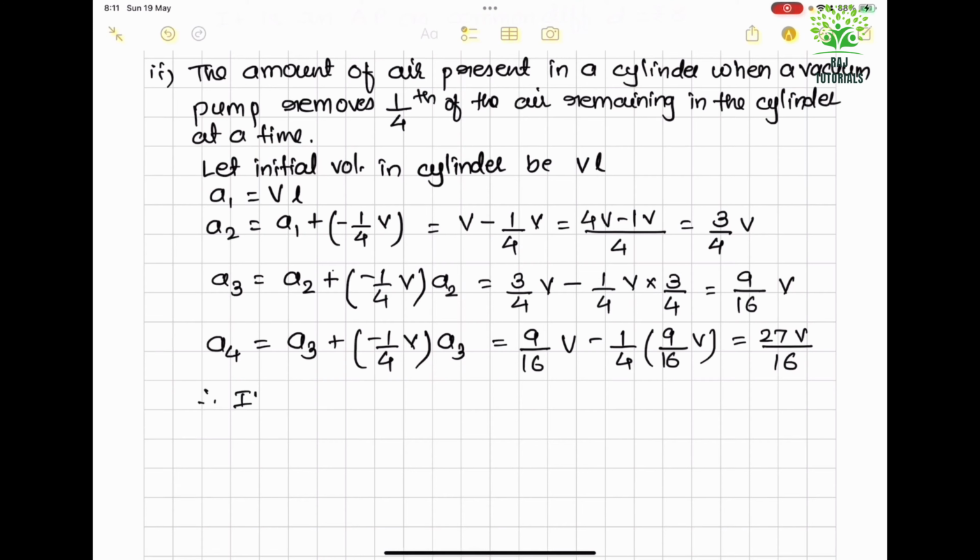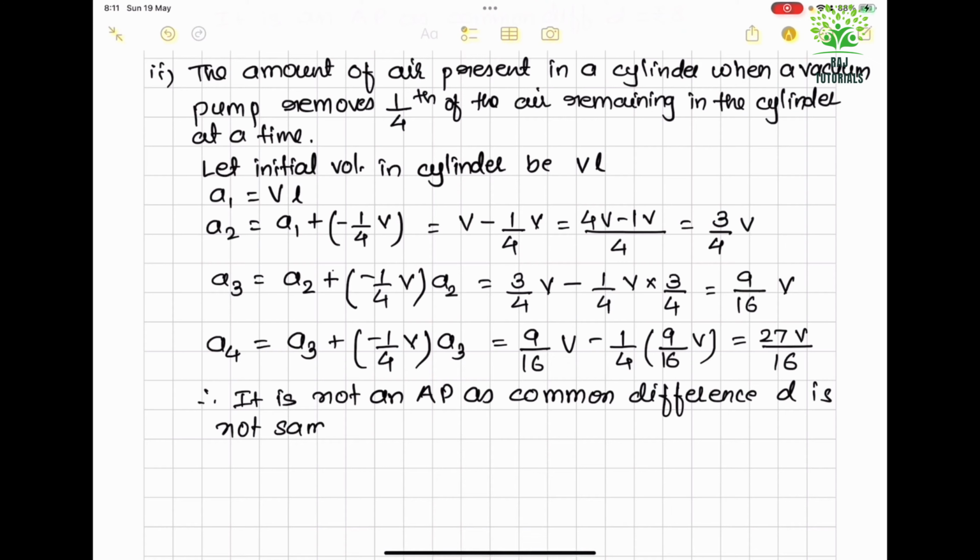So therefore it is not an AP, as the common difference D is not the same. Every time D is getting different values, so it is not an AP.